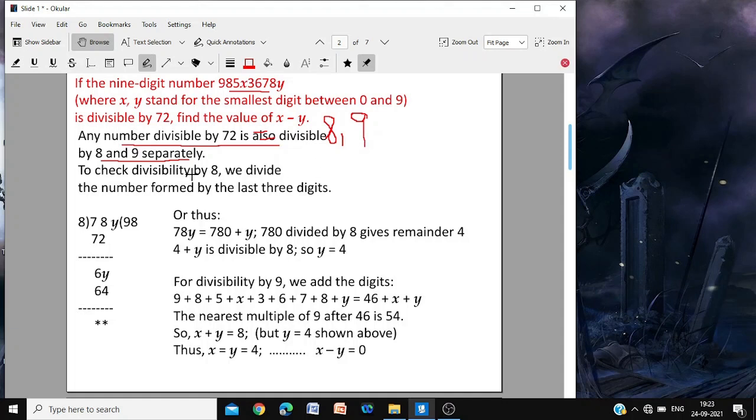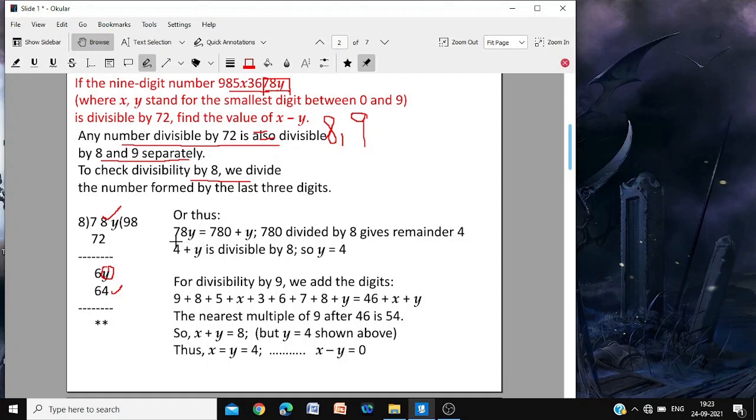Now to check divisibility by 8, we check the last 3 digits, which are 78Y. The last digit has to be 4 so that we get 8 into 8, 64.